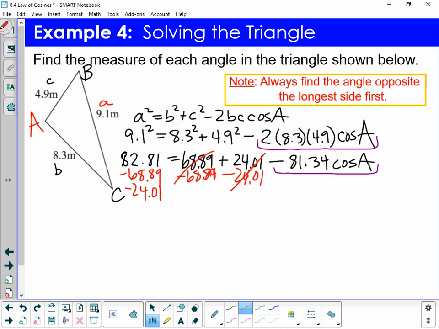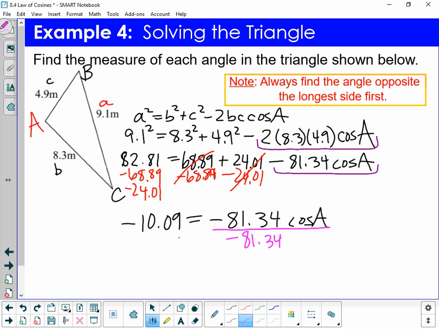Subtract 68.89, subtract 24.01, and we get negative 10.09 is equal to negative 81.34 cosine A. Now that we've got that cosine by itself, sort of, we can divide by negative 81.34, which will give us that the cosine of A is equal to 0.12405.